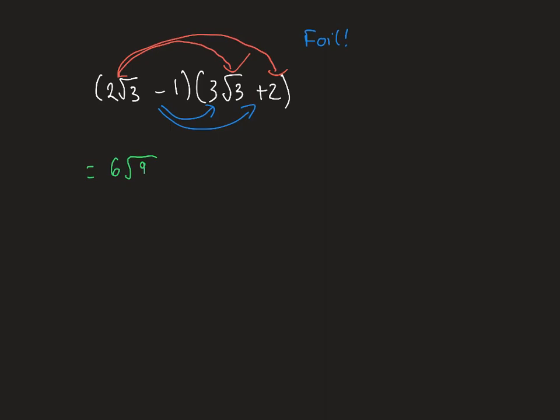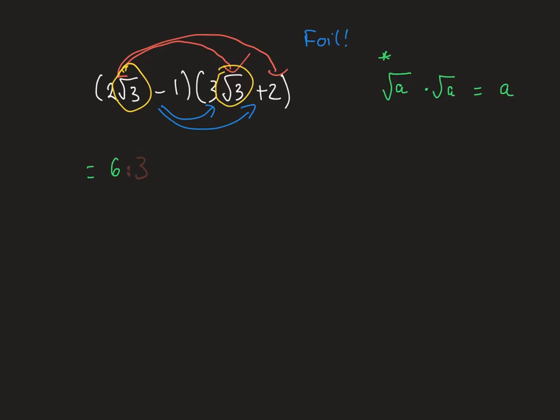A little trick, though, is that whenever you have square root of a times square root of a, the answer is always going to be a. So, in this example, I have square root of 3 times square root of 3. So, my answer should be 3.